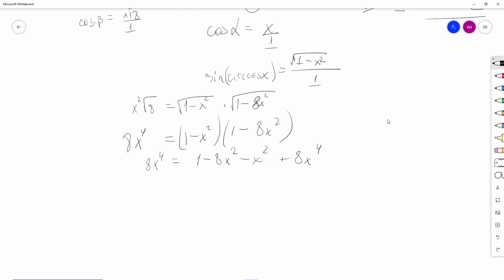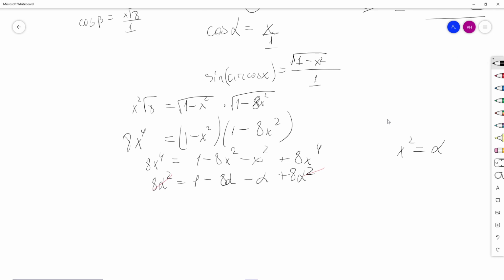Now since we have the x squareds and 4s, we can substitute x squared, let's say, for alpha. And so we get 8 alpha squared equals 1 minus 8 alpha minus alpha plus 8 alpha squared. So this simplifies from both sides, right?